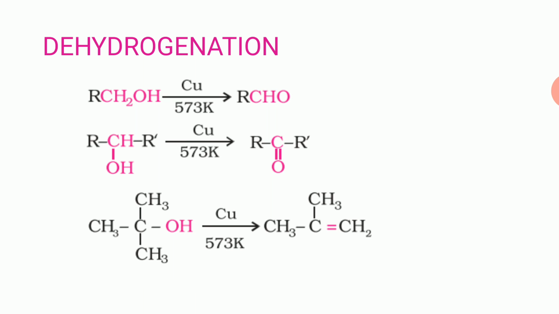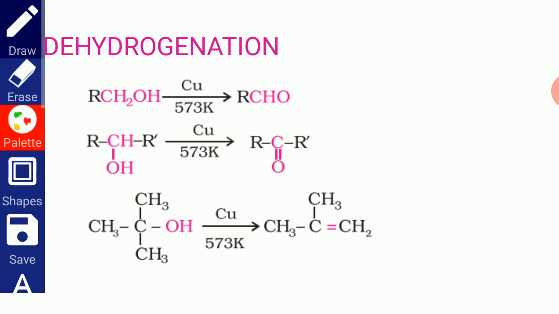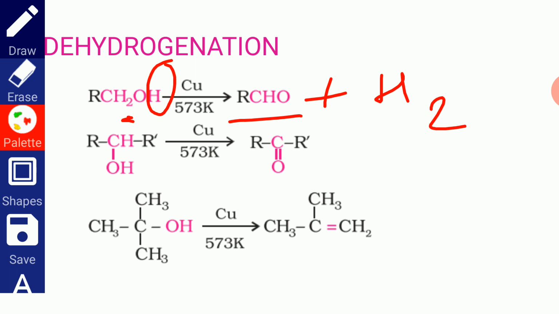Here the alcohol's vapor is treated with copper at 573 Kelvin, so that the hydrogen of the hydroxyl group in primary alcohols and the hydrogen of the carbon to which the hydroxyl group is added get removed in the form of dihydrogen, resulting in the product aldehyde.